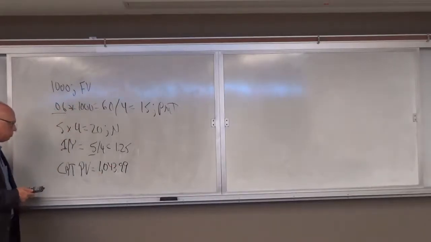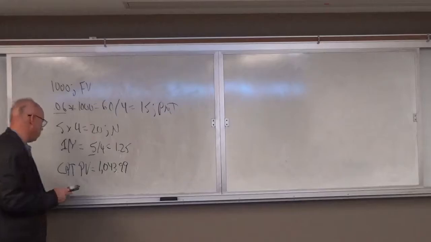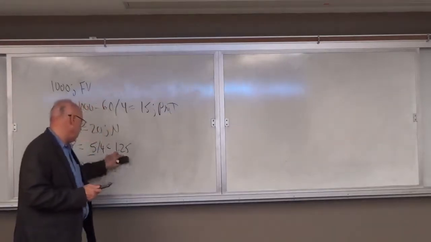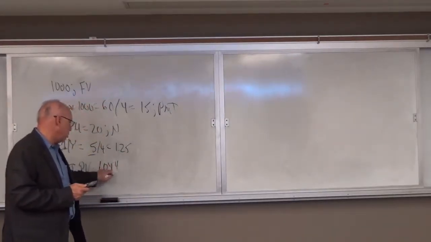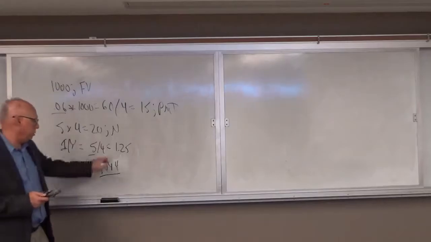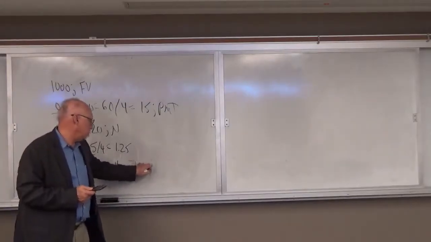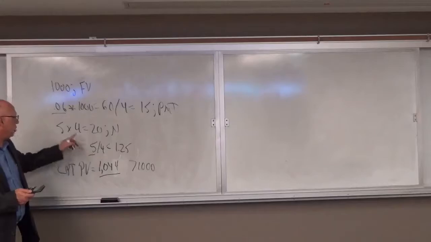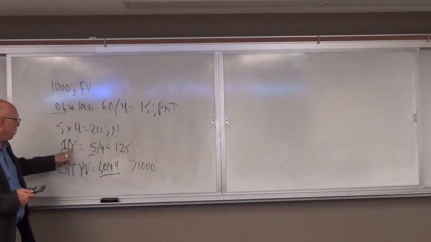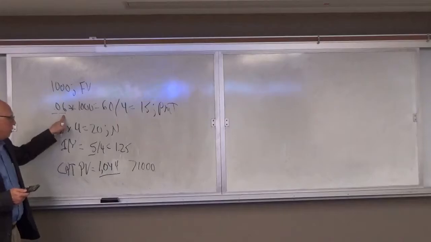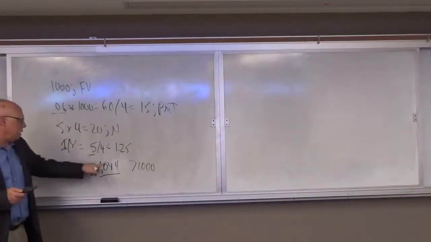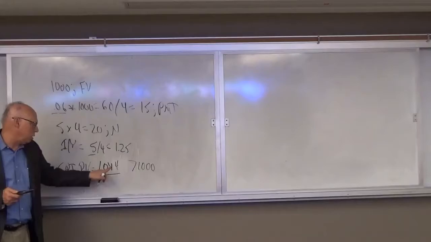Okay? Actually, it's 1044. Let's round up. 1044. So that is greater than 1,000. Okay? Because interest rates have gone down, the IY, the market rate, has gone down, is now below the coupon rate. When the market rate goes down, the present value goes up.